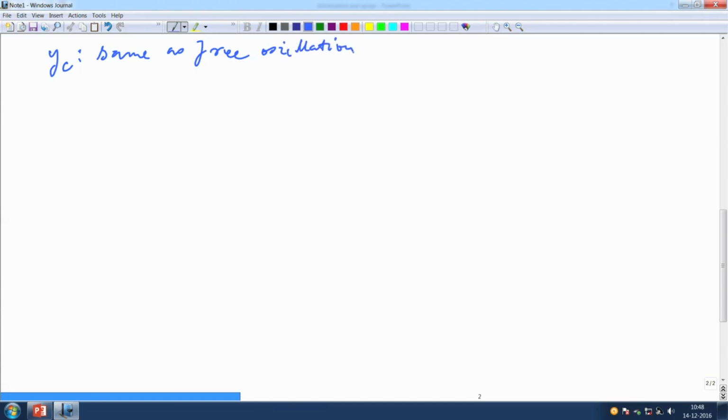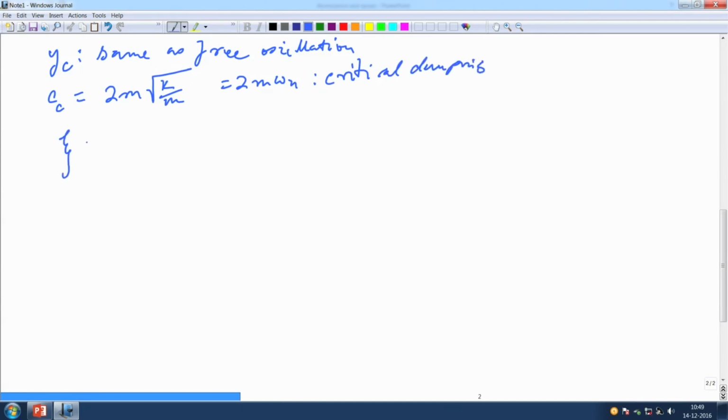Okay. In this case it is underdamped. For underdamped cases, there are several other parameters that we define. There is something called the critical damping, which is basically this. Then there is something called the damping ratio.